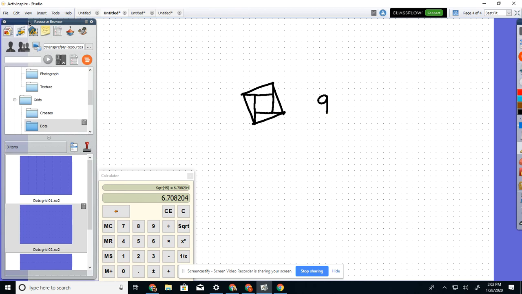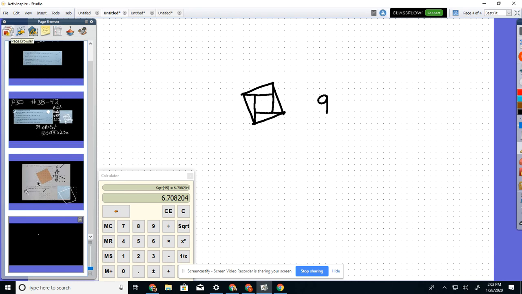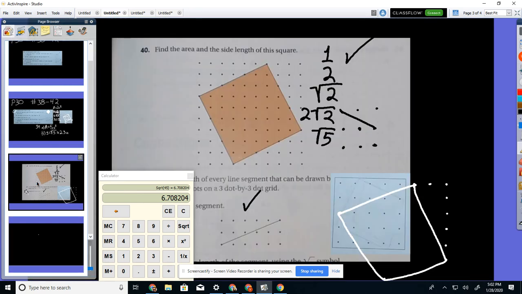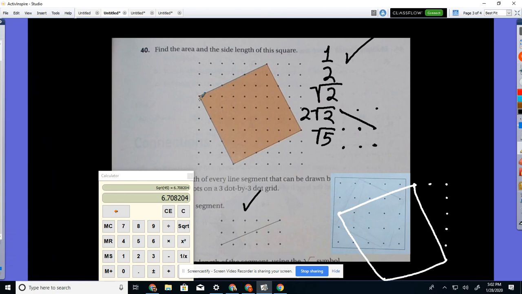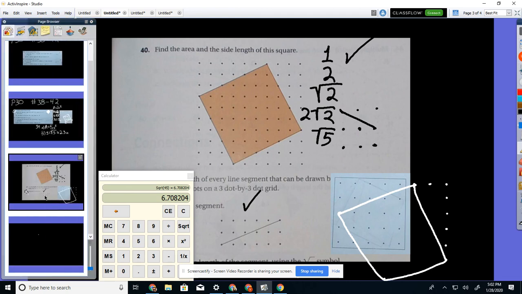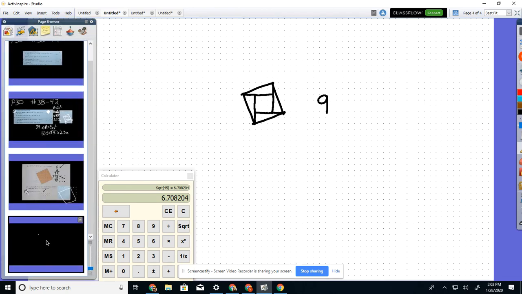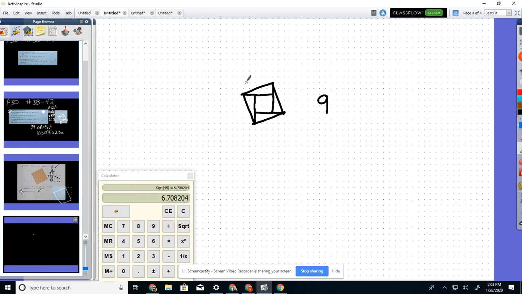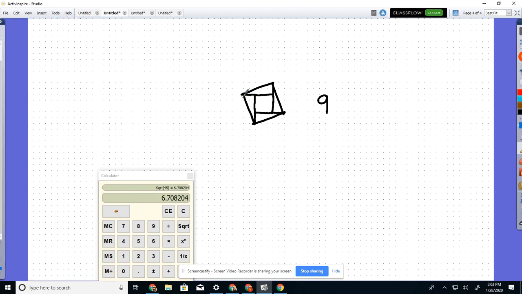This can't be right. 1, 2, 3, 4, 5, down 2. 1, 2, 3, 4, 5, down 2. Maybe it is. All right, so we have 9 for the square in the middle.